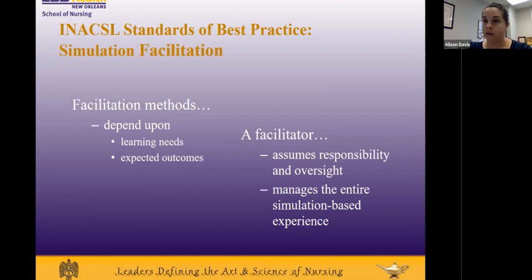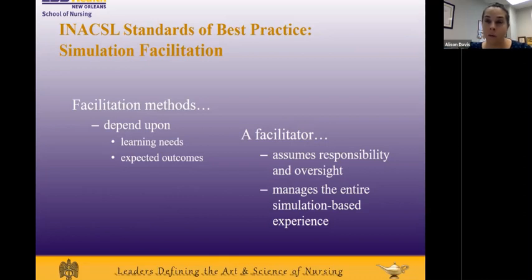And so as a facilitator during simulation, you assume responsibility and oversight of the simulation and manage the entire simulation-based experience. I am going to say however, though, the NSTC, through our accreditation process through SSH, we use and promote a 2-faculty model.